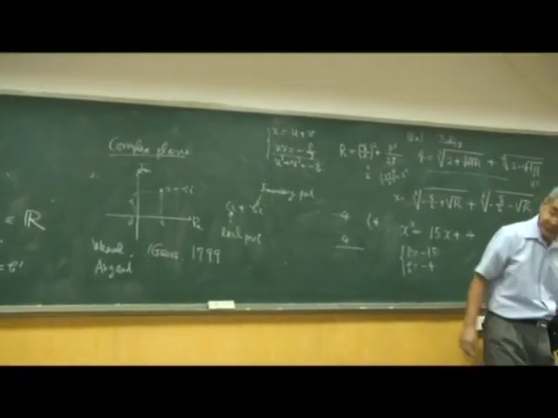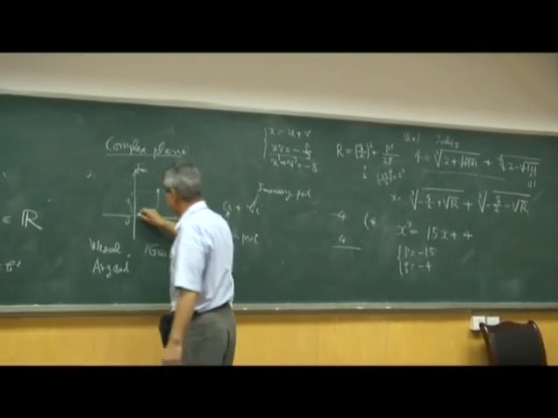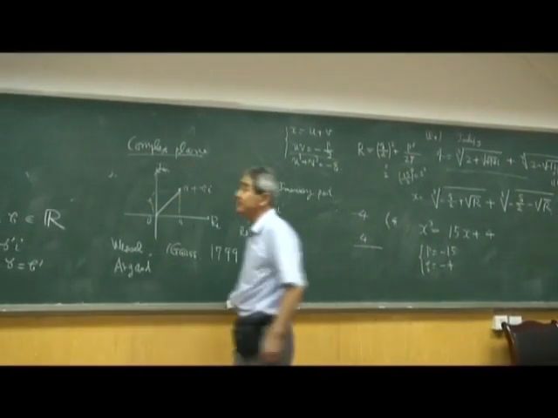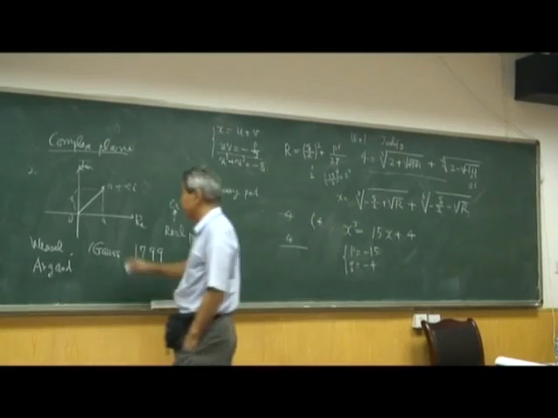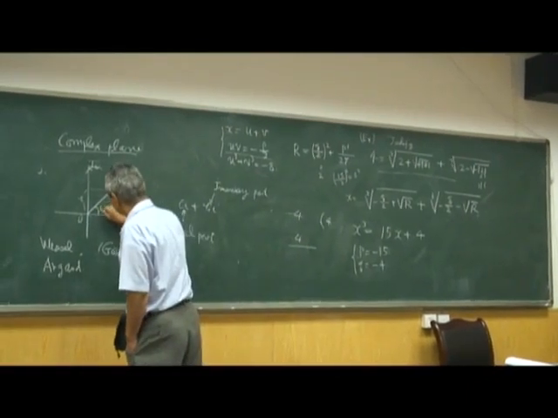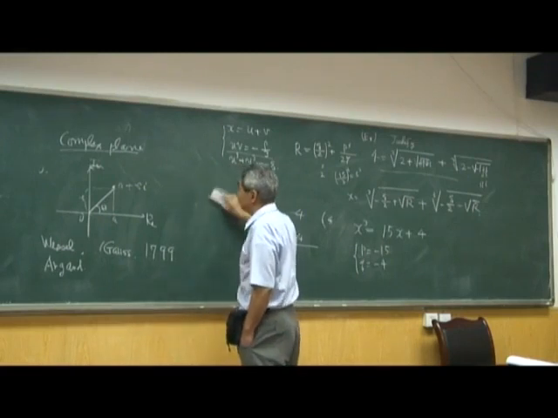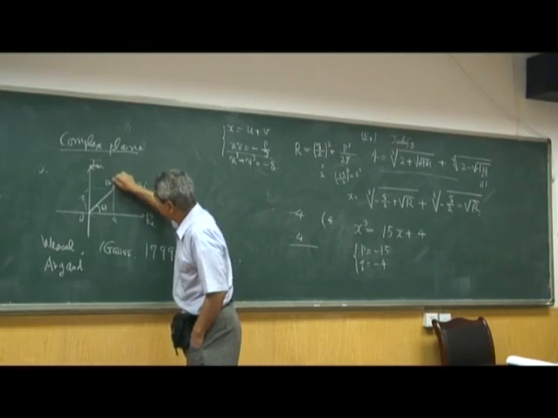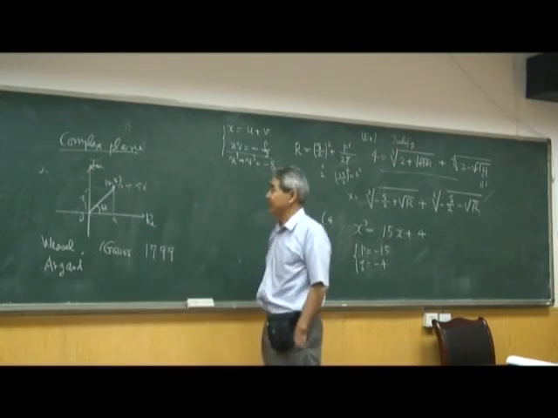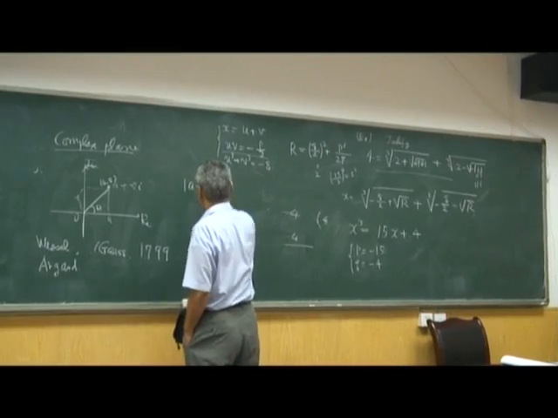And then, if you express these complex numbers as a point on the complex plane, then it's very nice to express this number using polar coordinates. So this is actually the point (a, b). And we introduce the absolute value of these complex numbers.